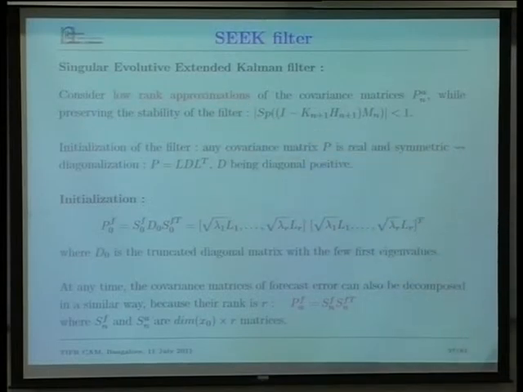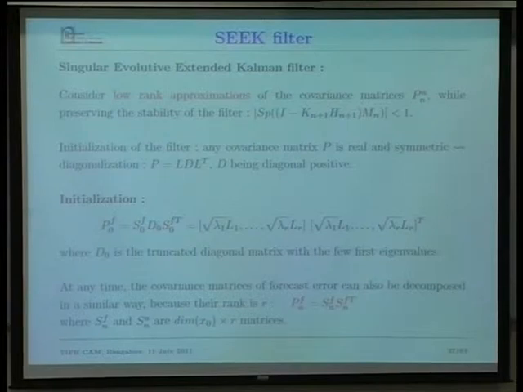It's singular because you reduce the dimension of the covariance matrices, and evolutive because you can start with almost any approximation of the covariance matrices, and then at the end you will get some good approximation. So the idea is that you replace all the covariance matrices with low rank approximations.